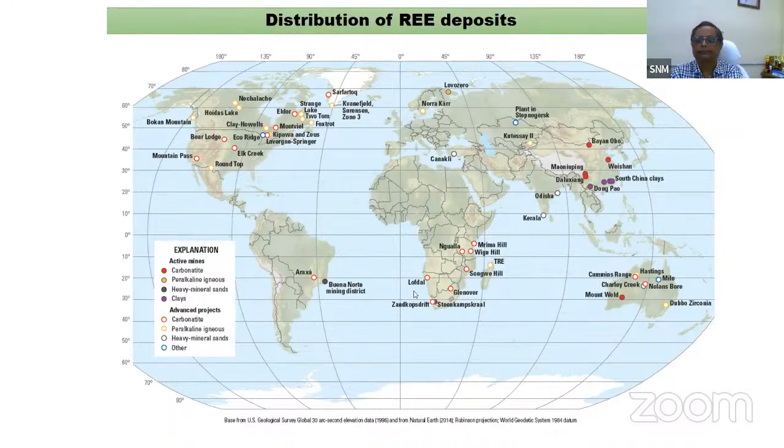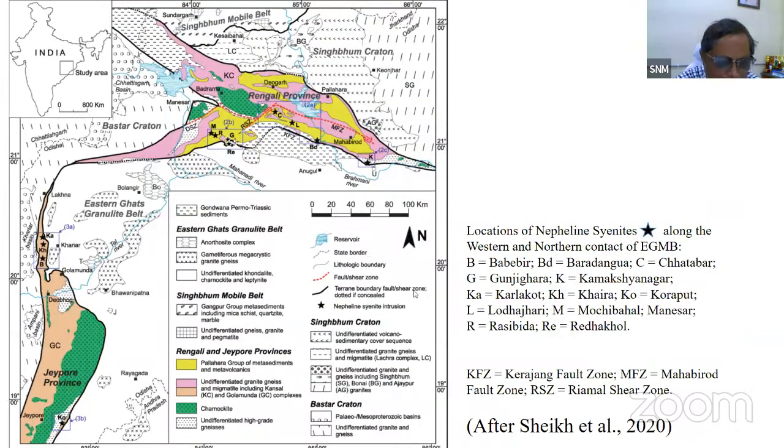Now coming to Odisha specific. This is a picture taken from Sheikh et al. 2022, who have recently reported one alkaline complex in the northern contact of the Rengali Province and Eastern Ghats.